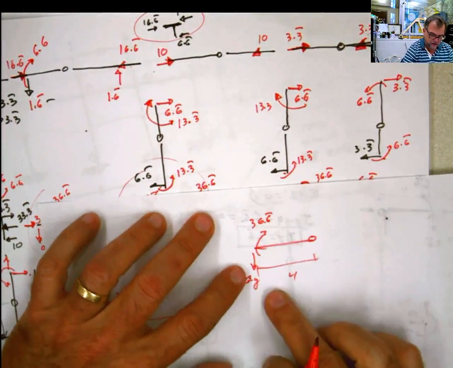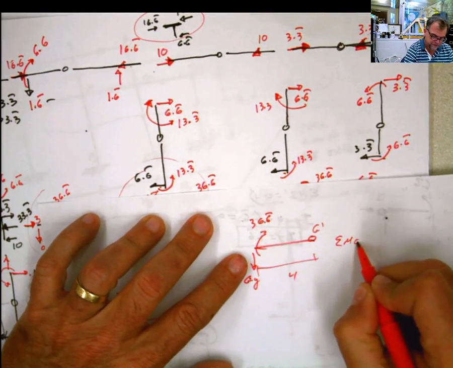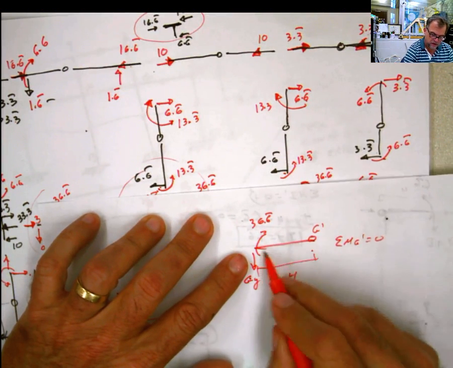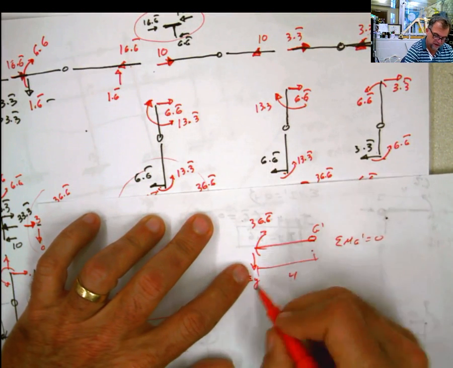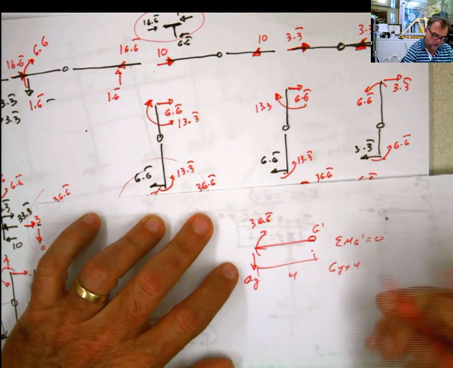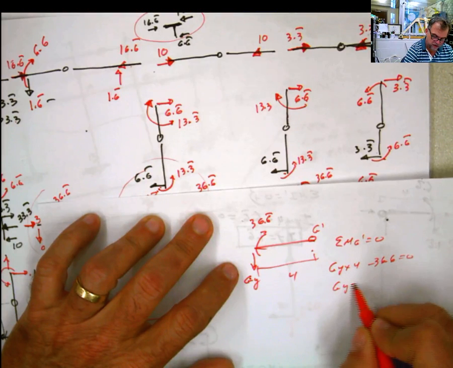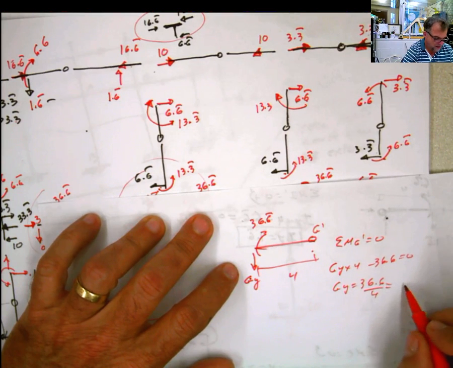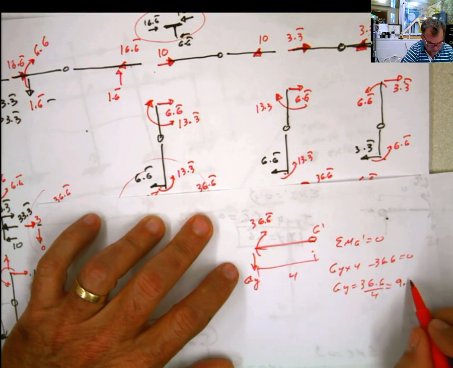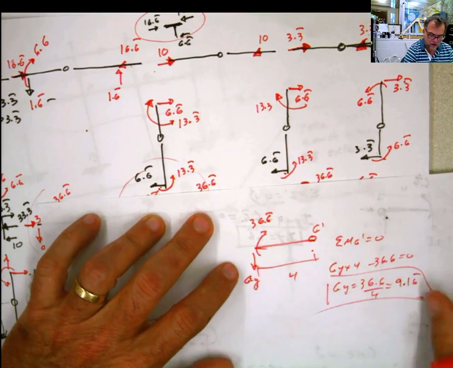If this is GY, I can say summation of moments at G prime equals 0. So this is going to be GY times 4 positive minus 36.6 equals 0. So GY is going to be 36.6 divided by 4, which is 9.16. 9.16, that's the value of the reaction, which is what I told you before.